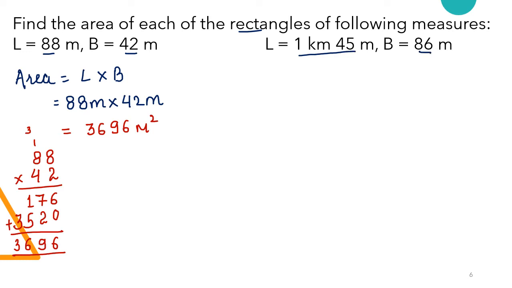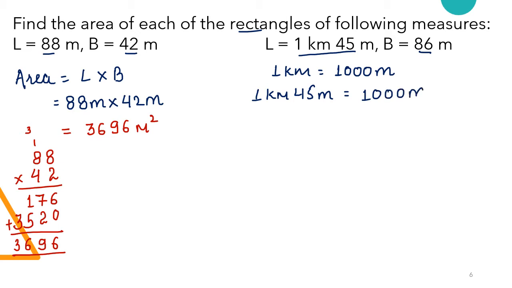So here we have length in kilometer and meter. So first thing is to convert it into meters. We know 1 kilometer is equals to 1000 meter. So 1 kilometer 45 meter will be equals to 1000 meter plus 45 meter, that is 1045 meter.